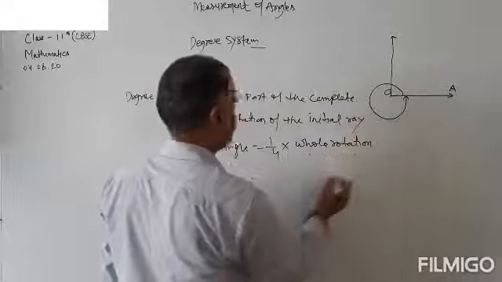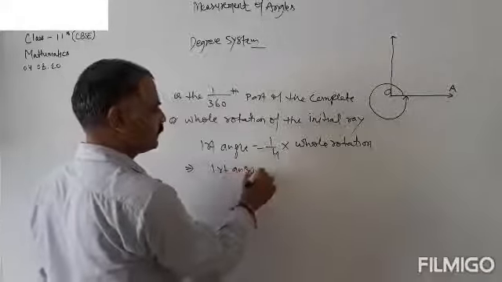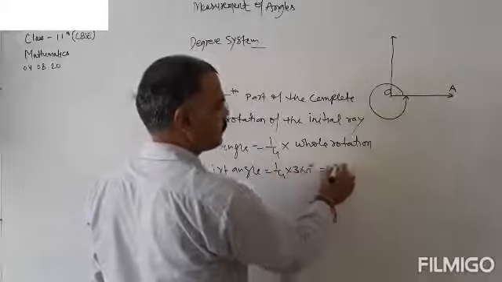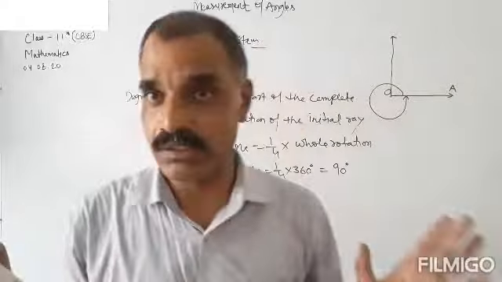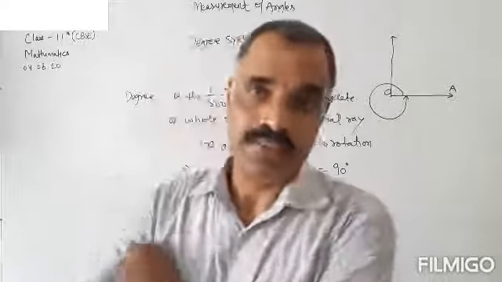One right angle is equal to 1/4 into 360 degree, that is equal to 90 degree. We already know this, that one right angle is equal to 90 degree.